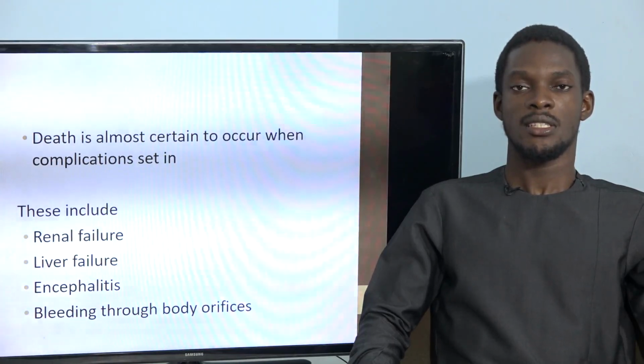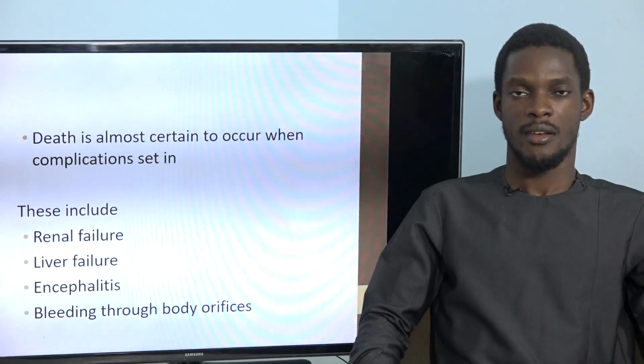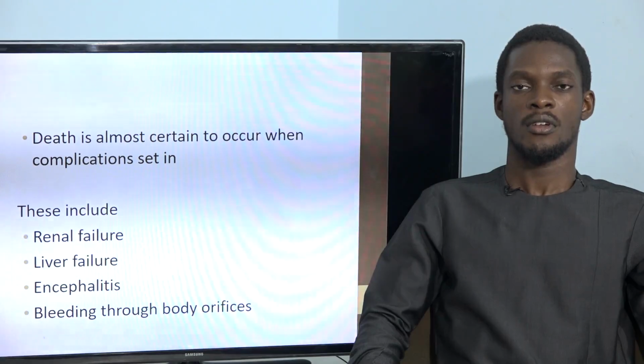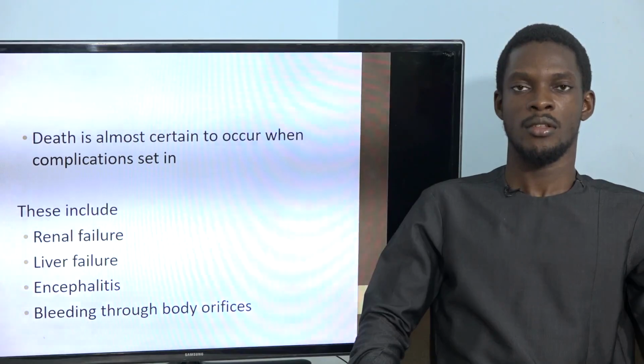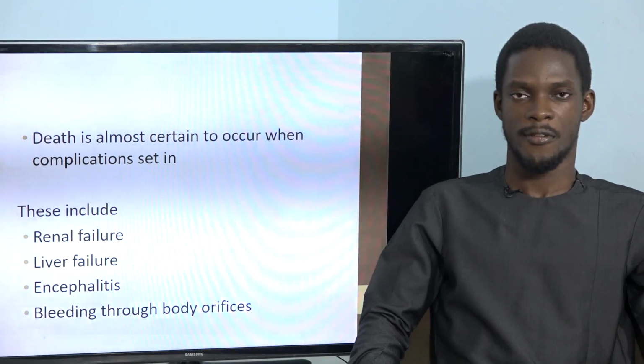Death is almost certain to occur when complications set in, and the complications of flavivirus infections or yellow fever include renal failure, liver failure, encephalitis, and bleeding through body orifices.